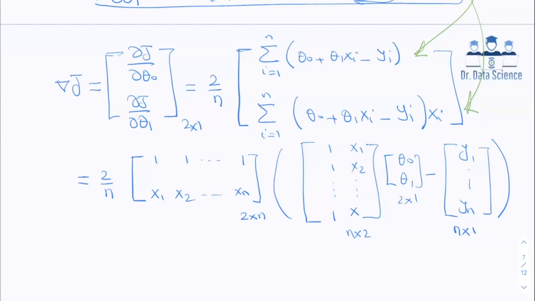So we call this matrix X. So this is a matrix X that we call a data matrix. If you look at it, each row of this matrix has one of the input data points with a minor difference, because here we also added this one to each row.